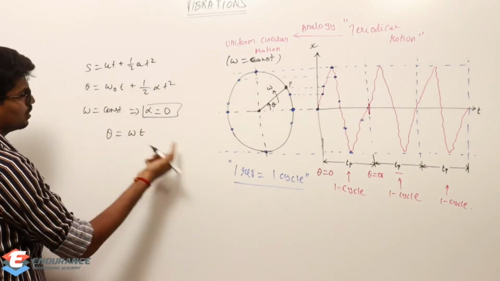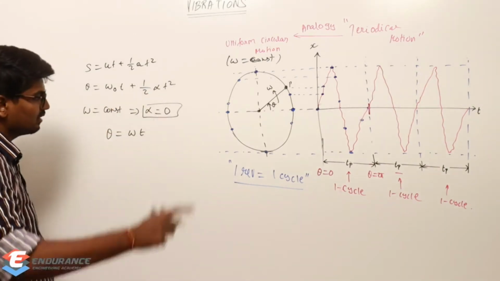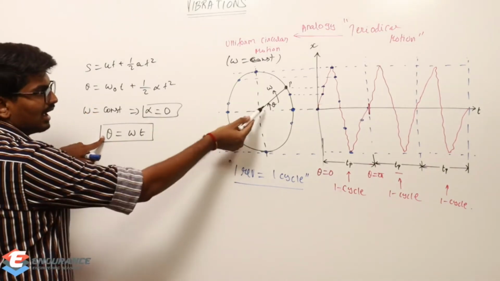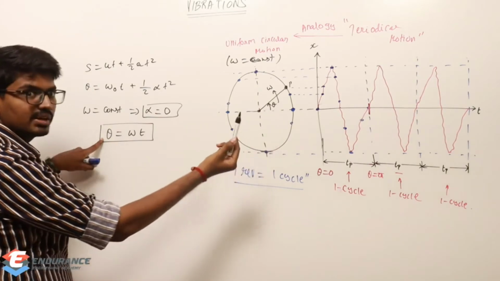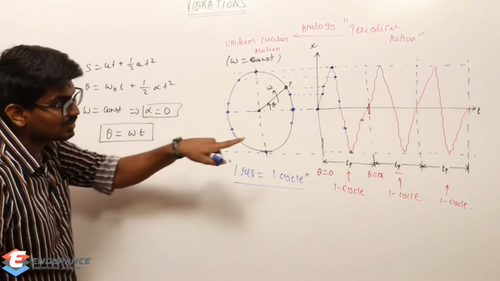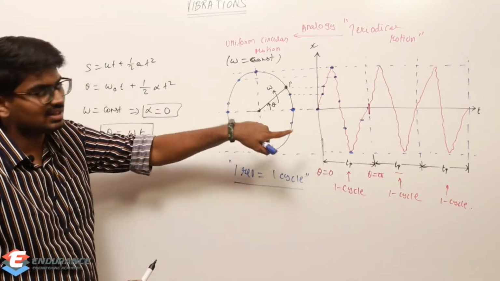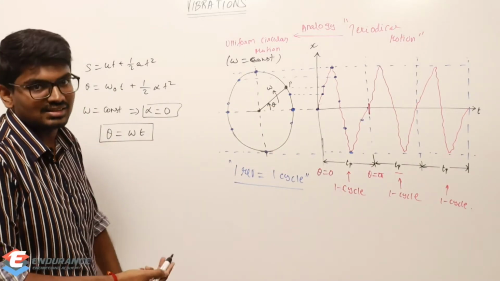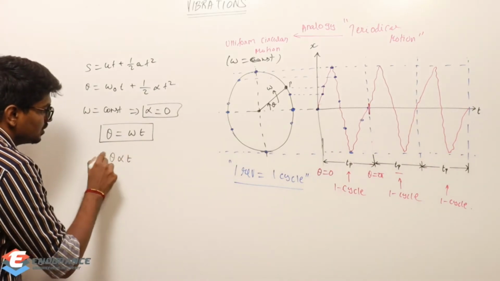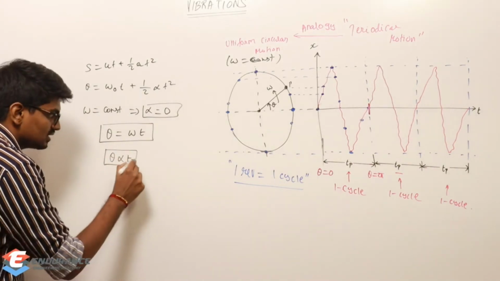Omega naught is omega, so omega into t. Omega naught will be same everywhere. So theta is equal to omega into t. Theta is nothing but the angular displacement of this particular particle P. Time is nothing but that time t, which I am representing in the x-axis. Here you could clearly see theta is proportional to t, since omega is constant.